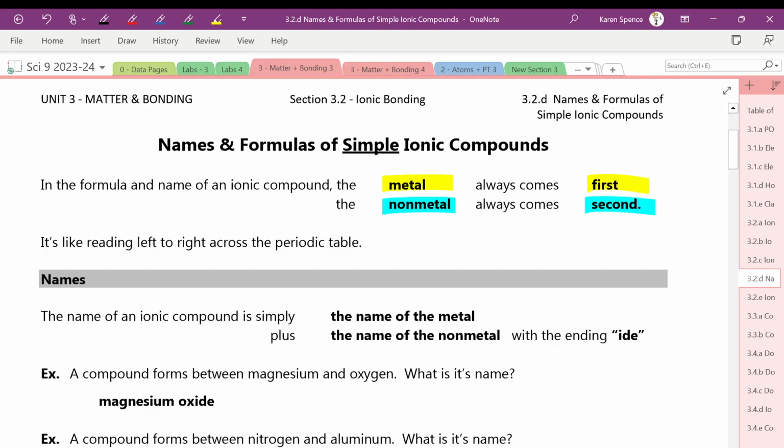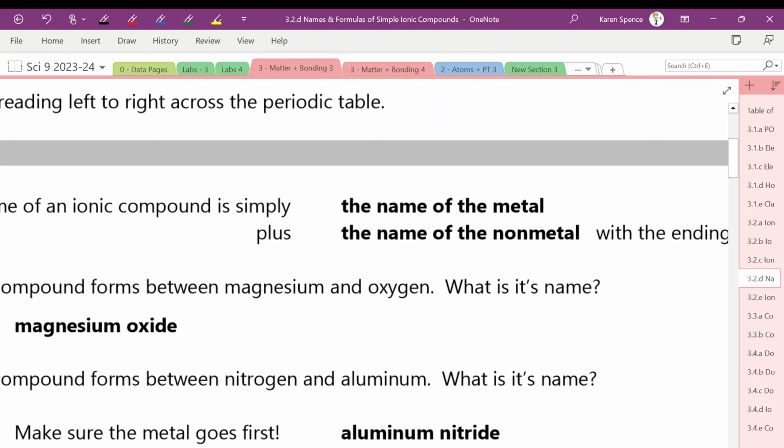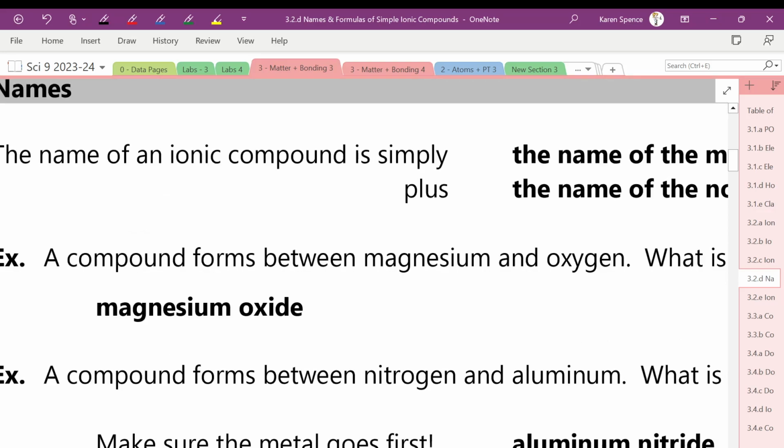And I think you've already done this a couple of times. Basically, you take your two elements and you say, I have a compound between magnesium and oxygen. Magnesium is the metal, and oxygen is the non-metal.